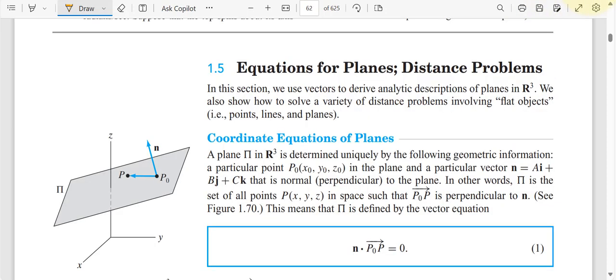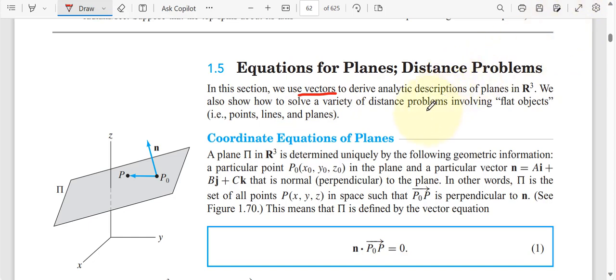Okay, we want to go a little bit further in this chapter, and we want to talk about equations for planes and distance problems. So really, we've already talked about equations for planes, but we want to do it now with some vector notions. So we're going to use vectors.